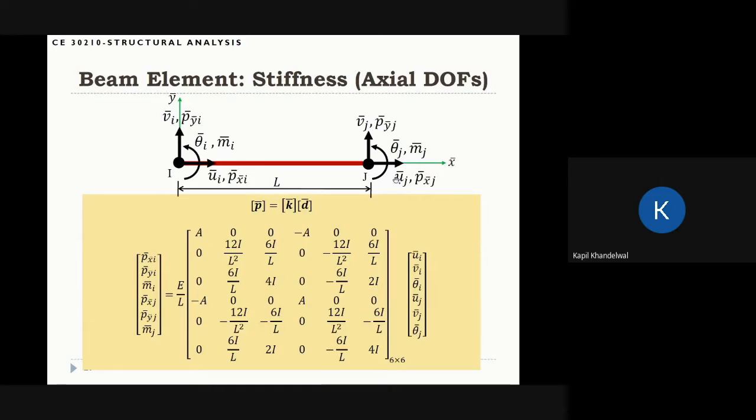Here the bar indicates it's written in the local system, because this can be used to get the stiffness matrix for the frame element. For the beam, we always work in the local system, so we don't have to worry about the bar for the beams, but it is important for the frames.